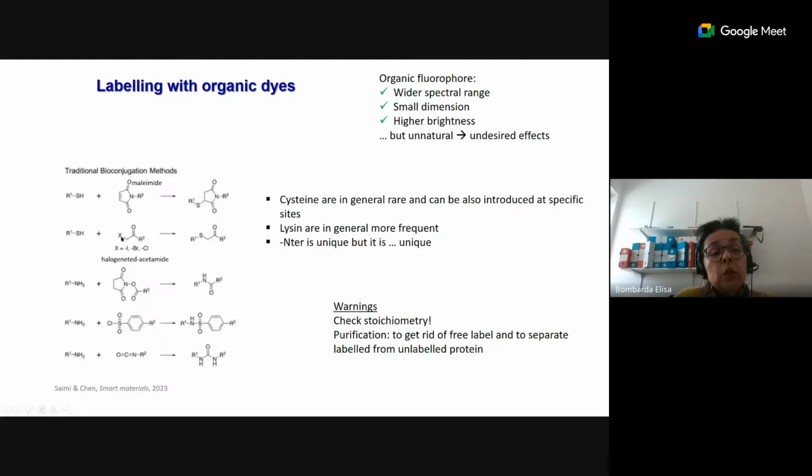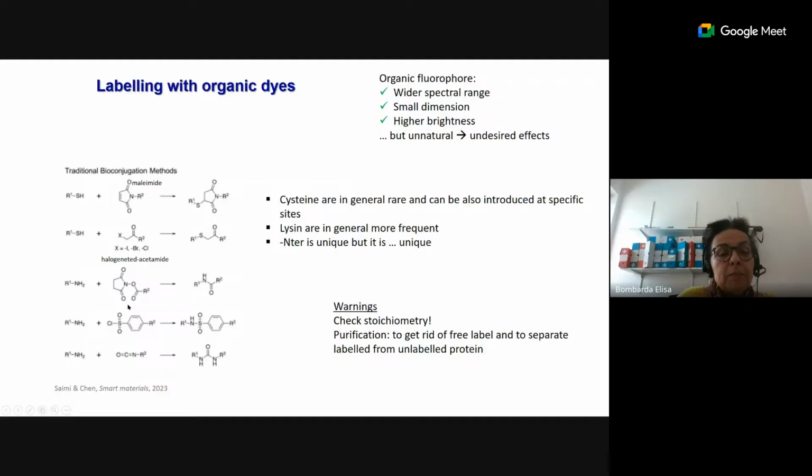And this group may also interact with the thiol of the cysteine.